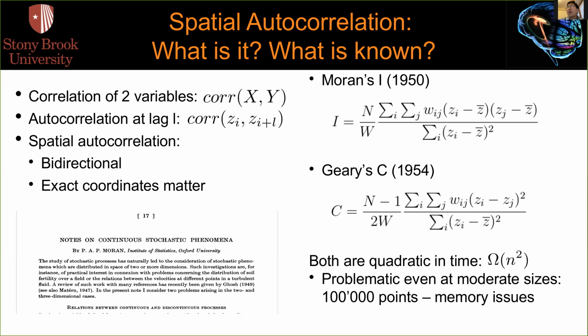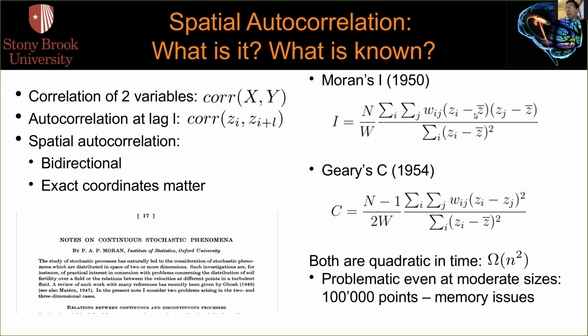And there has been some very early work done on spatial autocorrelation, namely starting with Moran's statistic in 1950 and Geary's statistic a little bit later. They both essentially compute the statistic based on a double summation over all data points indexed by i and j, incorporating the weight between data point i and j, that's in some way dependent on the distance.